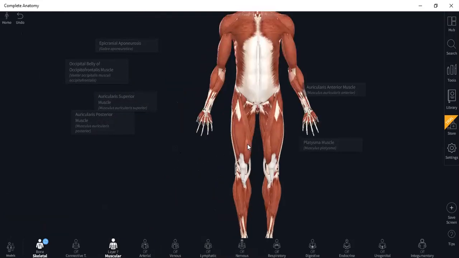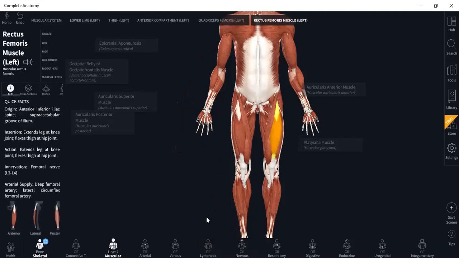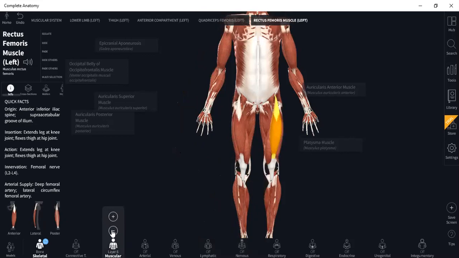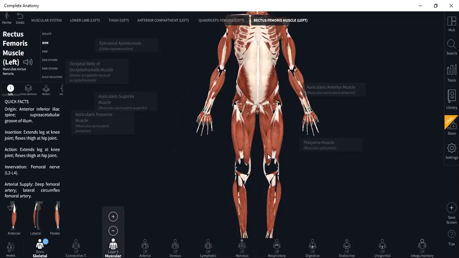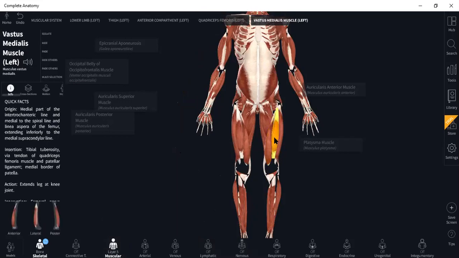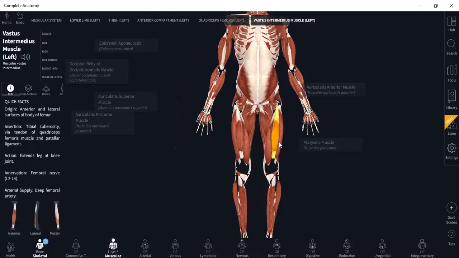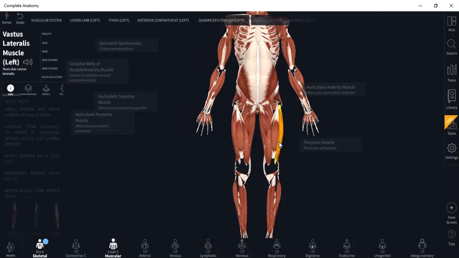Extension of the leg at the knee is performed by the quadriceps group. Rectus femoris, vastus medialis, vastus intermedius, and vastus lateralis.